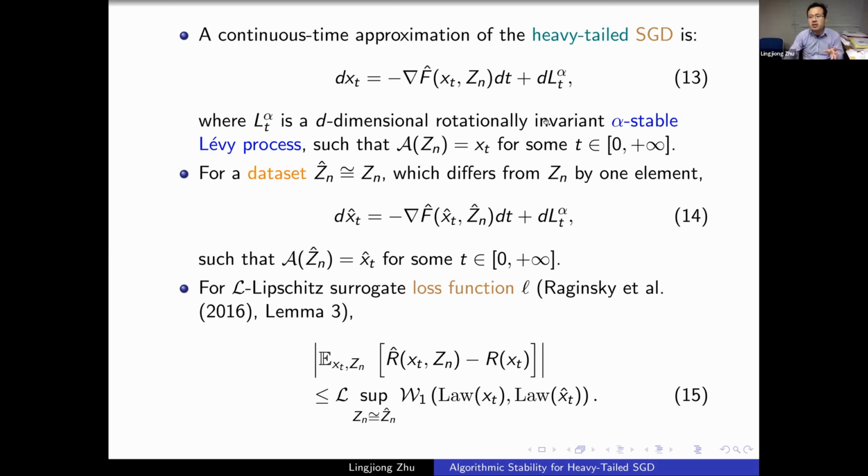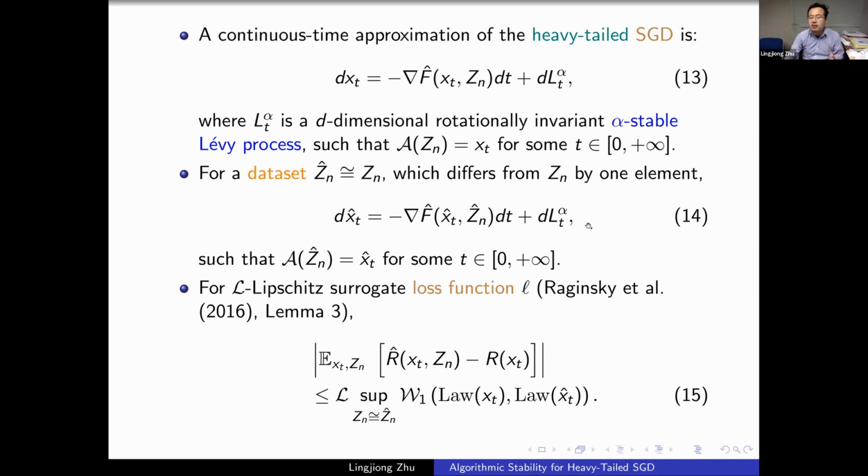And then the third technical challenge is that in the literature, when you look at algorithmic stability, usually they deal with stochastic gradient Langevin dynamics, where they have a Gaussian tail. If you have Gaussian noise, or just gradient noise with a bounded second moment, it's much easier to control the expected value and work with the Lyapunov function, because you can just use the square function as the Lyapunov function.